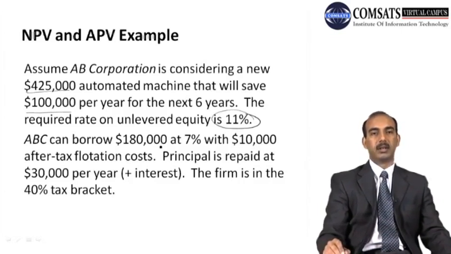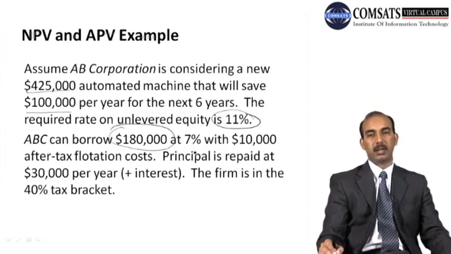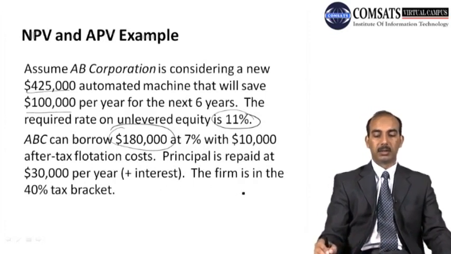That is, required rate of return on equity financing is 11%. And ABC can borrow $180,000 at 7% with $10,000 after tax flotation cost. The principal is repaid at $30,000 per year plus interest. The firm is in the 40% tax bracket.